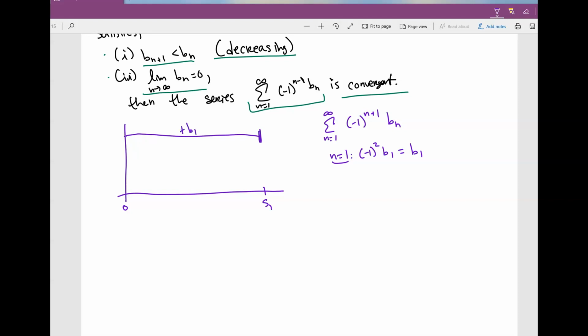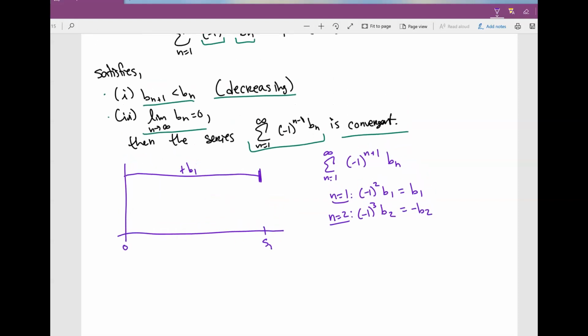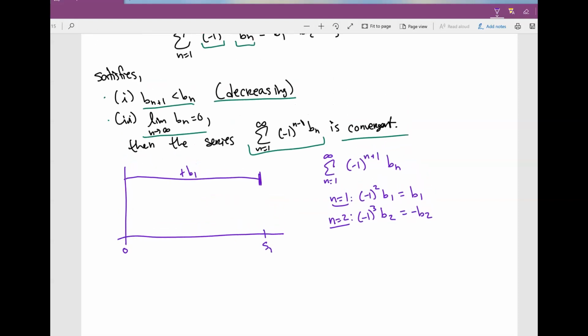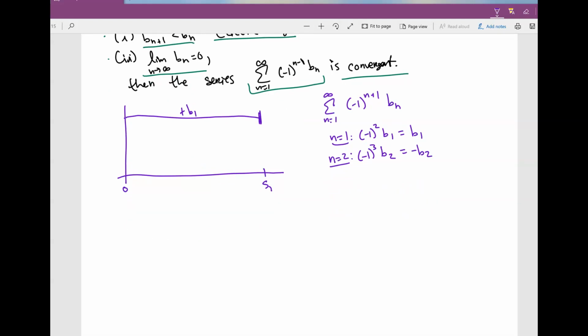Now, what if I want to add a second term? With n equals 2, you're going to have -1 to the third power times b2. So this is going to give me negative b2, because this is going to be negative. Notice b sub n is decreasing, which means that if b1 was 5, b2 cannot be anything greater than 5.